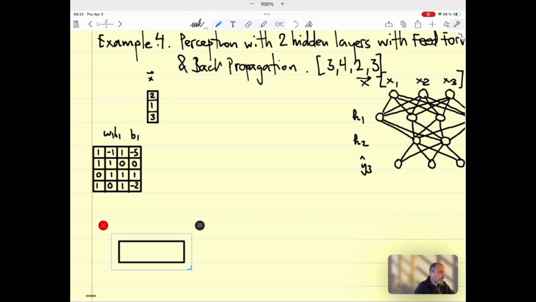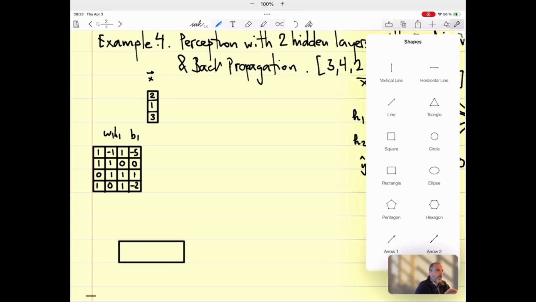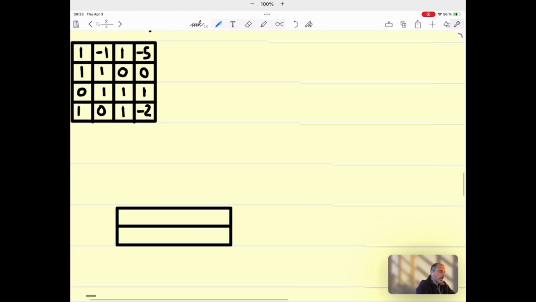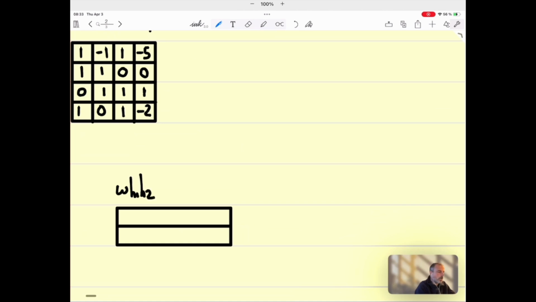So I put that right there, and then we get our numbers in place. So this is going to be the weight H1, H2 matrix, and this is going to be the bias 2.